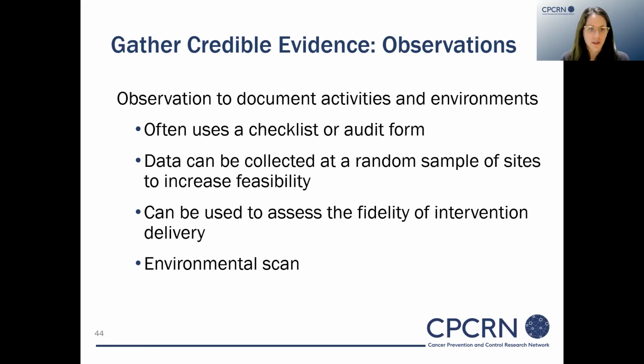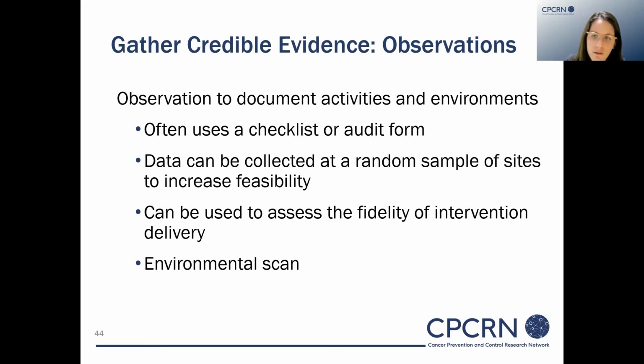Another form of observation might be an environmental scan. And that's one that we've used before in our studies, looking to distribute cancer kits from pharmacies. We would go to the pharmacy and have a checklist that we follow to just make note of what the pharmacy environment is like. So we would note things like whether or not they had a separate exam room where they could counsel a patient on getting their screening test.